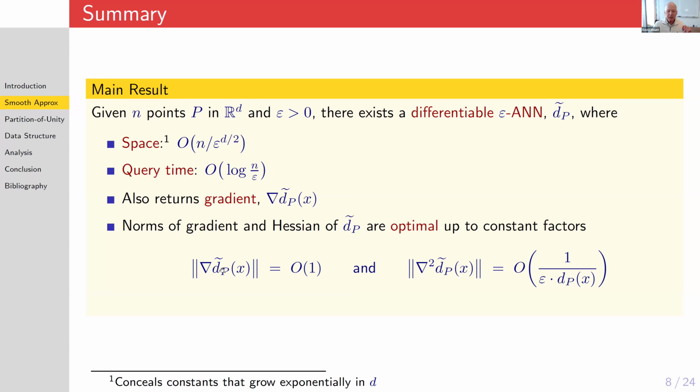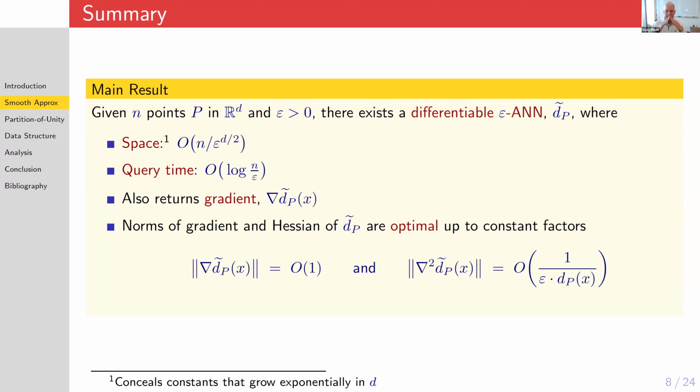The claim is that for the regular Euclidean distance function, the slope is just 1. The gradient is going to be something like square root of d, and our gradients are going to be about the same size up to constant factors. The Hessian is going to grow something like epsilon over the distance, but the claim is that this is about as good as you can do.